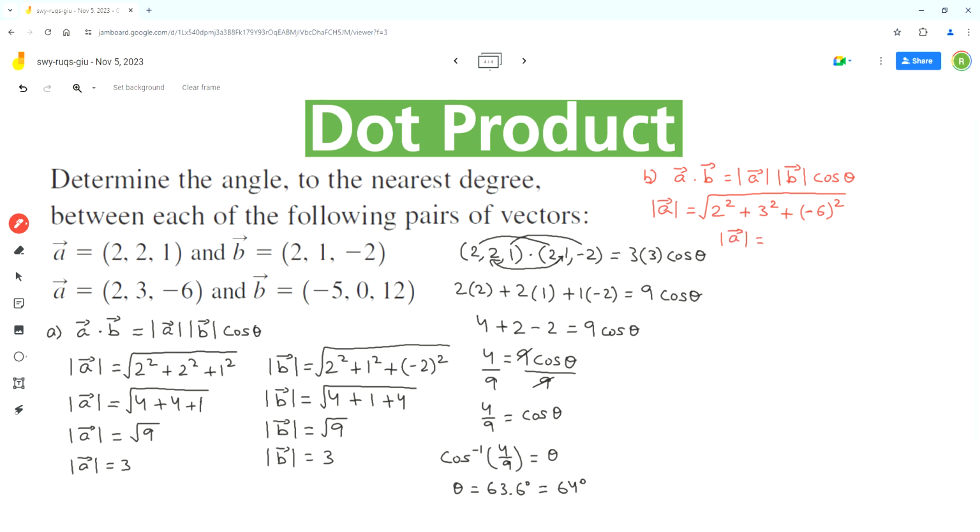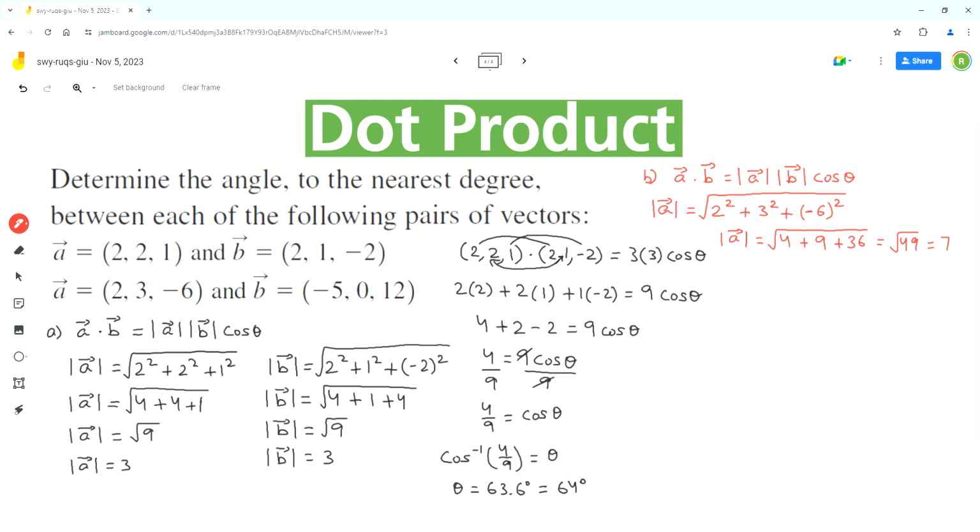So 2 square is 4, 3 square is 9, and negative 6 square is 36, which is equal to square root of 49, and which is equal to 7. So the magnitude of A is equal to 7.